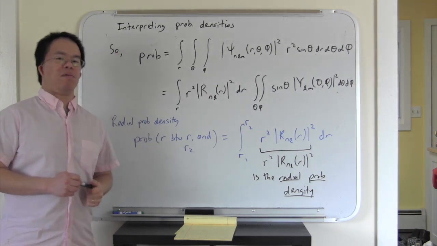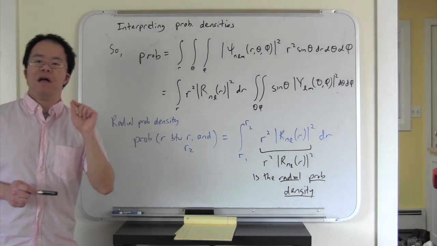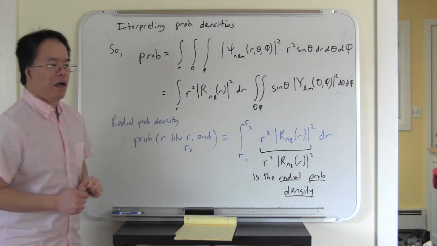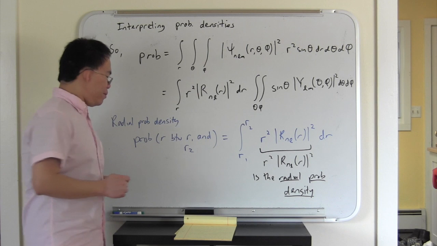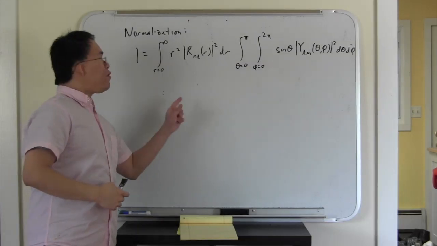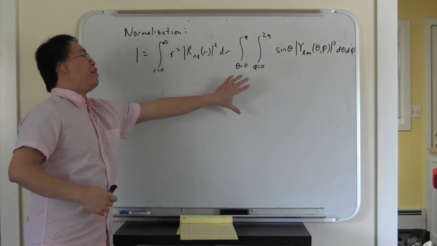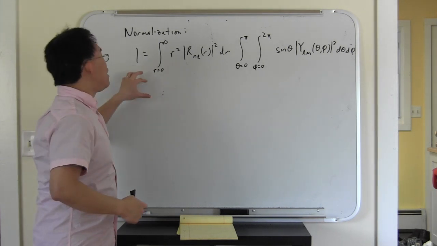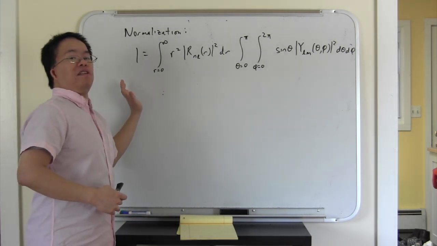Let me erase the board and I'll just write the normalization condition, just so that we're clear. Our overall normalization condition looks like this. This entire integral, this purple integral, has to equal 1.